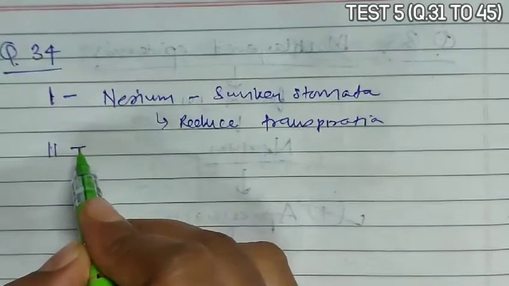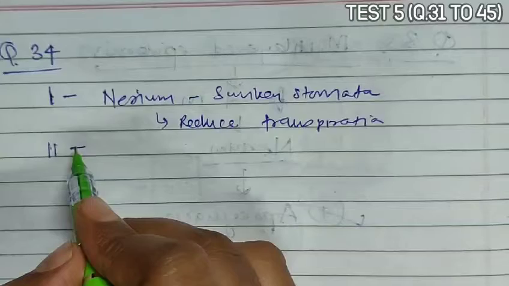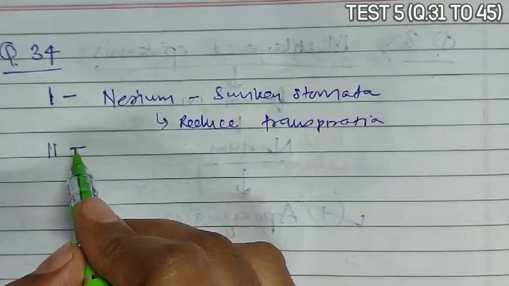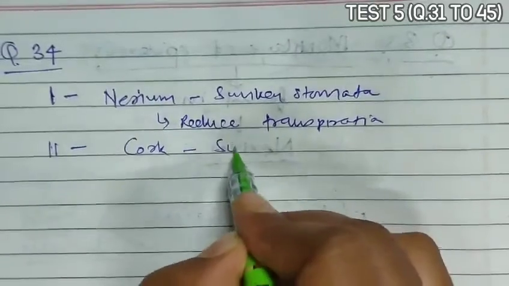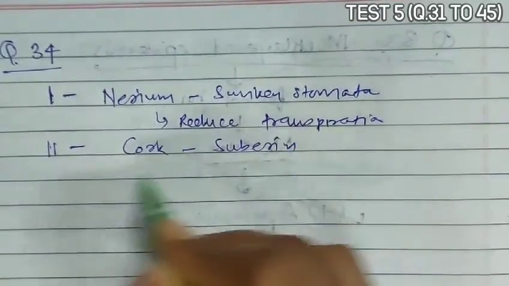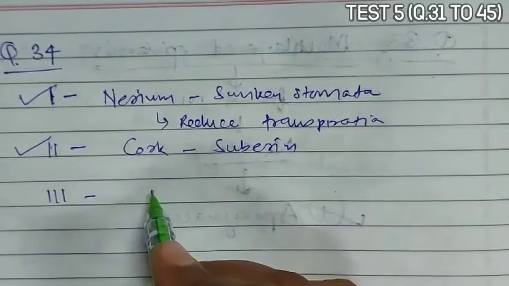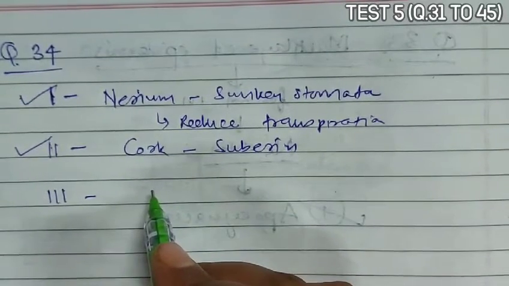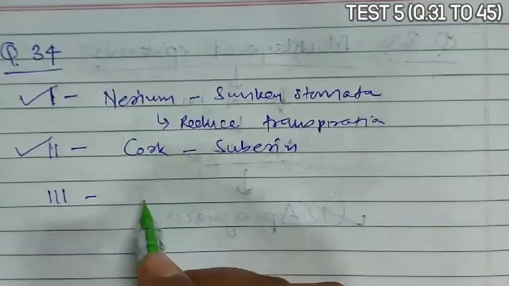Option 2 is cork is rich in lipid, which is a wax-like compound called suberin. Yes, cork is made up of suberin, so it is also correct. Option 3 is given as pinus leaf is evergreen due to the growth of apical meristem present at the base of the leaf.